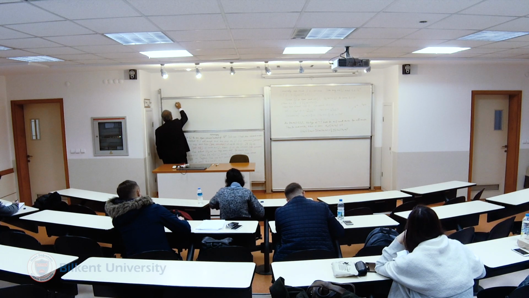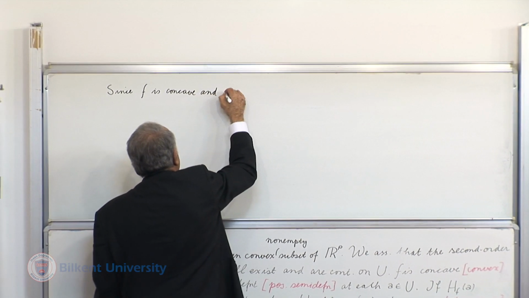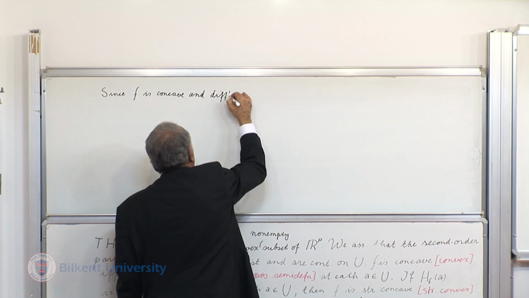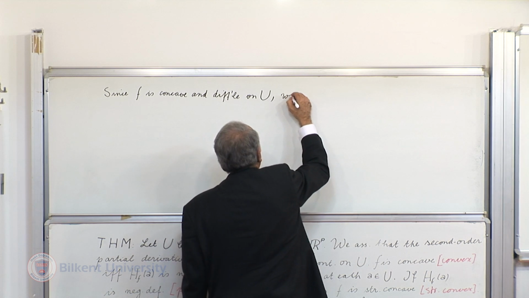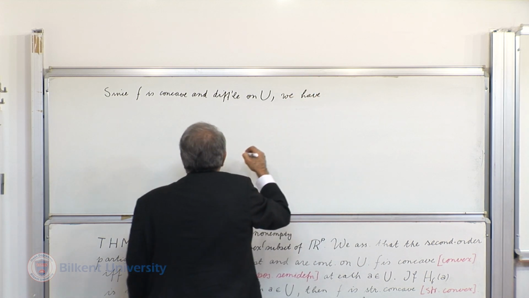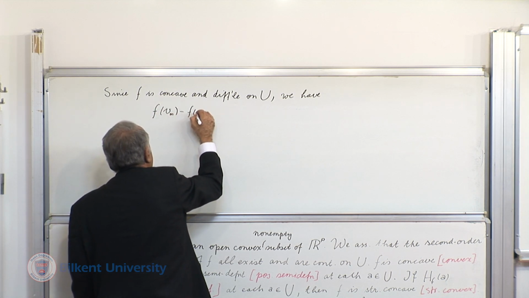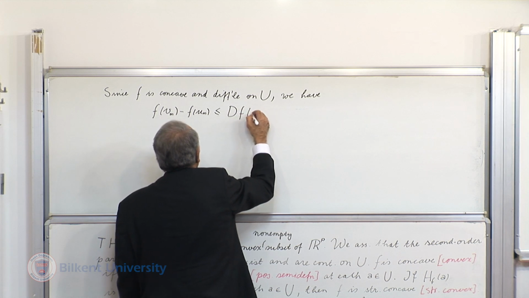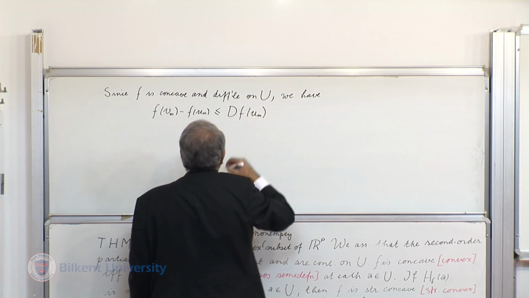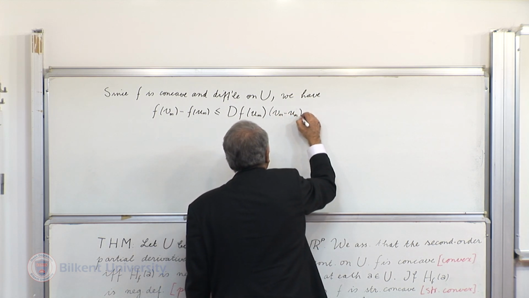Since f is concave and also differentiable on U, we have that f of Vm minus f of Um is less than or equal to df at Um times Vm minus Um, for each m.